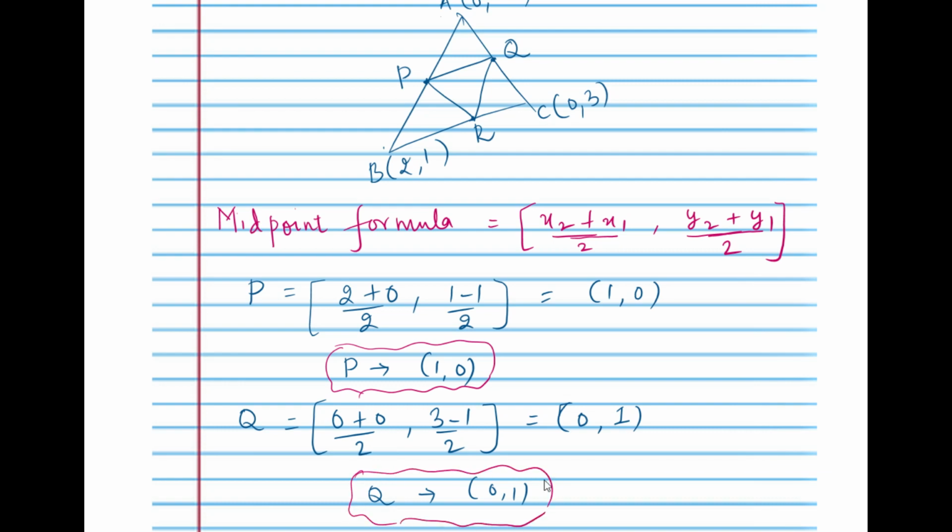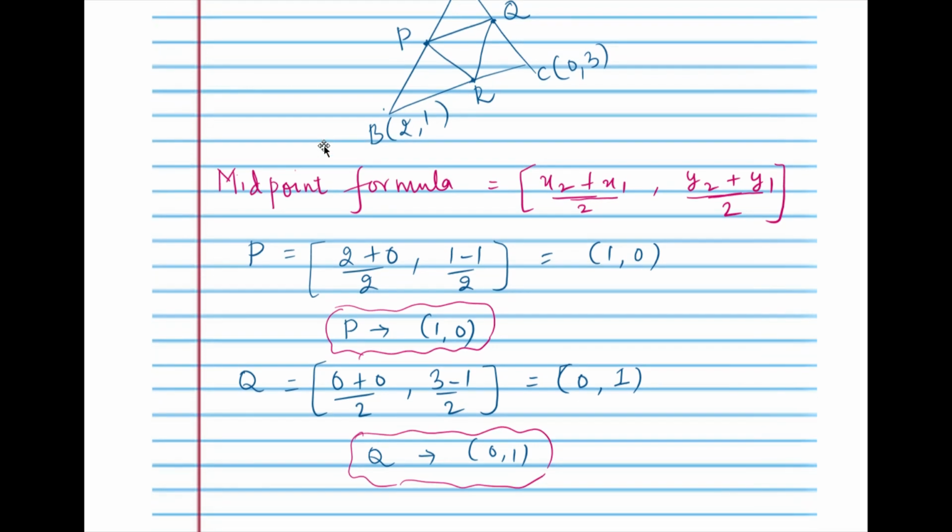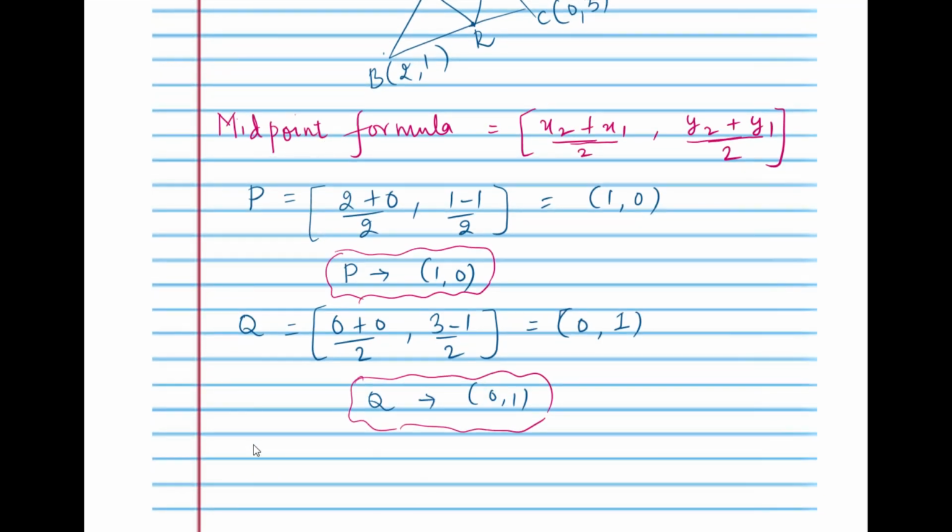In the same way, we need to find out point R. Point R equals the midpoint of B and C, that is x2 plus x1 is (0 plus 2) by 2, comma (3 plus 1) by 2, that is y2 plus y1 is 3 plus 1 by 2. 2 by 2 is 1. 3 plus 1 is 4, divided by 2 is 2.